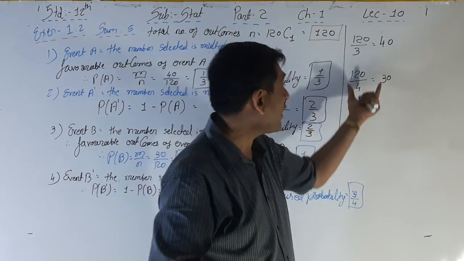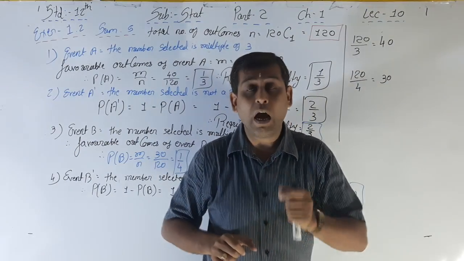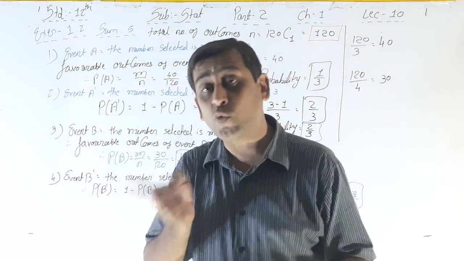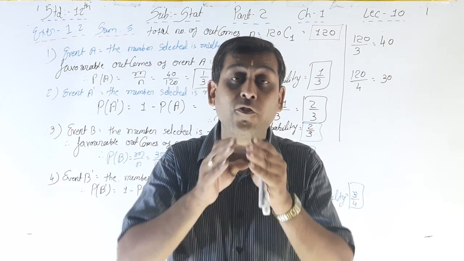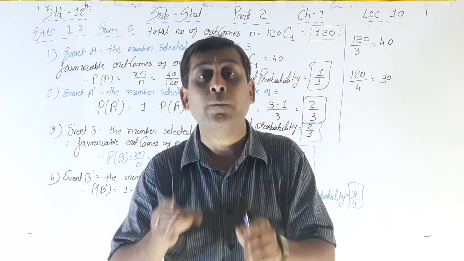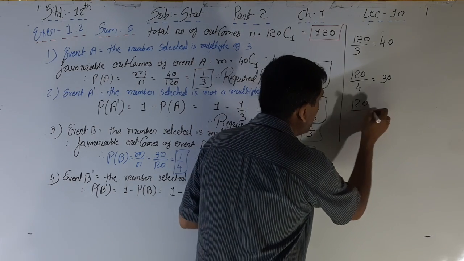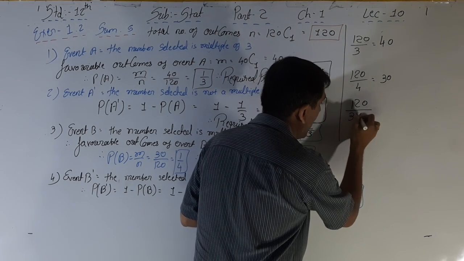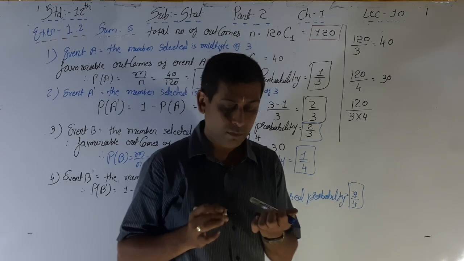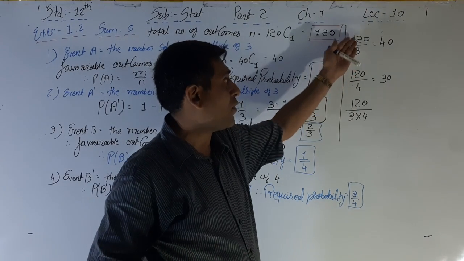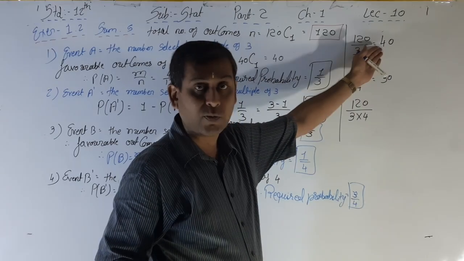But here what is your rough work? How can you find out all the numbers which are multiples of both 3 and 4? See here, the shortcut is 120 divided by 3 and 4. Multiple of 3, then we are dividing 120 divided by 3, that is 40.